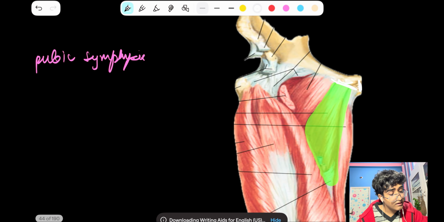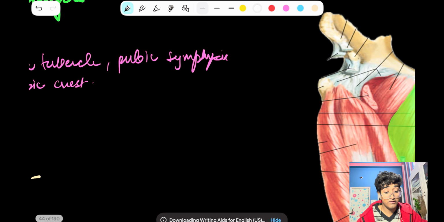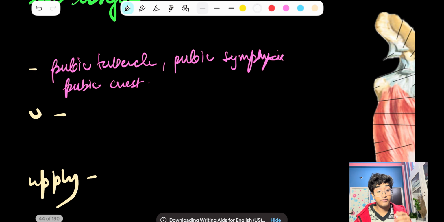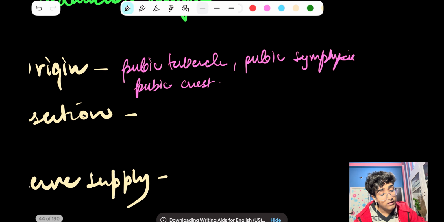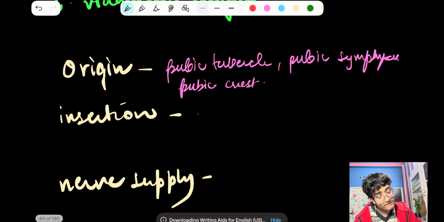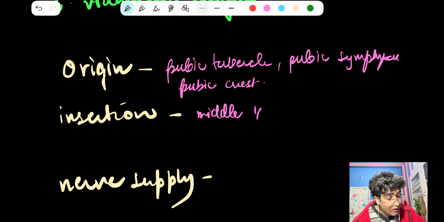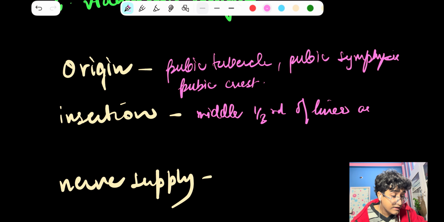Now it gets inserted into the linea aspera. I've told you about the insertion on the femur in the previous videos. So its insertion is on the middle third of the linea aspera.